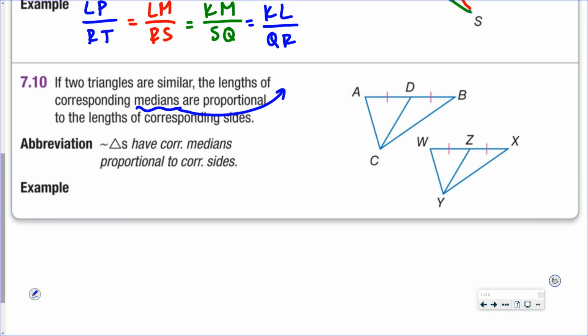The vertex of one angle and connecting to the midpoint of the corresponding line. Good. From the vertex. It's okay, sometimes it's hard for me to talk too. English is just frustrating. I agree. That's why math is better. All right. From a vertex to the midpoint of the opposite side. Good.